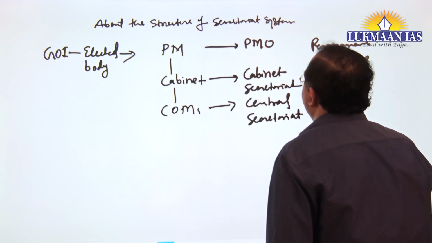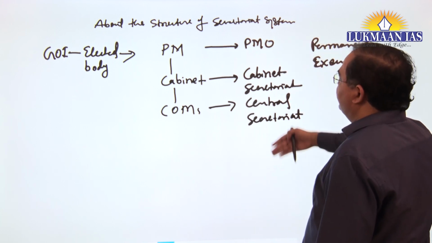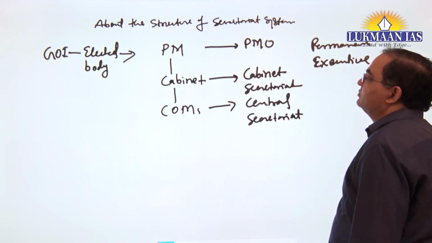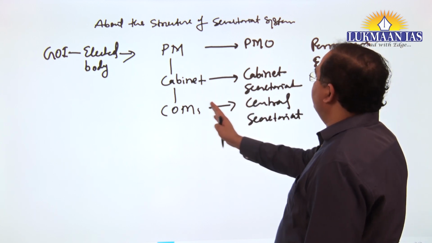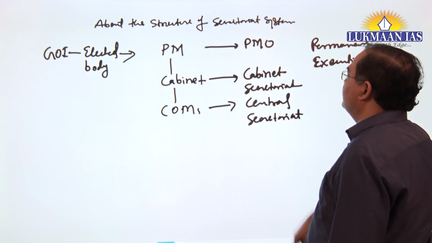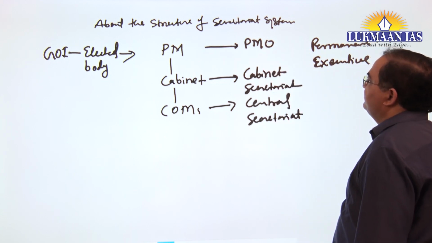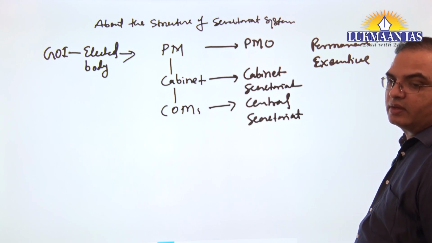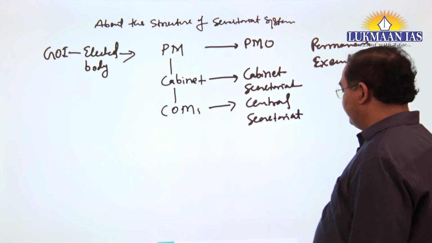They don't have a hierarchical relation. It is not that the PMO is superior to the Cabinet Secretariat and the Central Secretariat. It is not like that. This we have to understand.